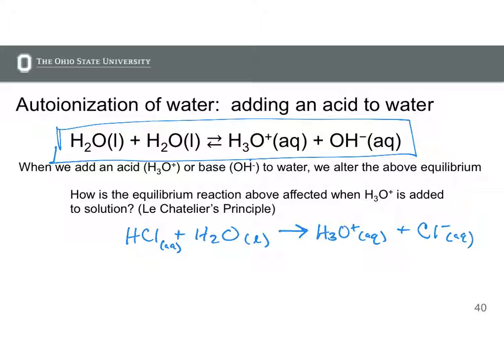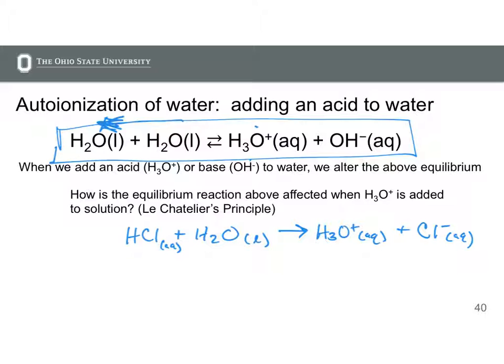So if we add more H3O plus, we're going to shift back to the reactant side in order to regain equilibrium. What does that say for the OH minus concentration? What happens to it? It goes down, it decreases.